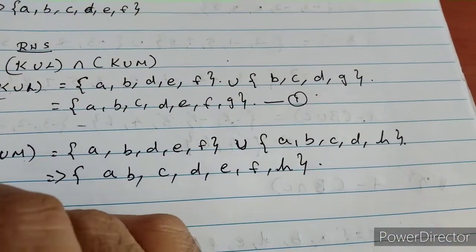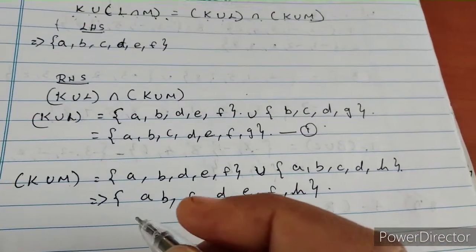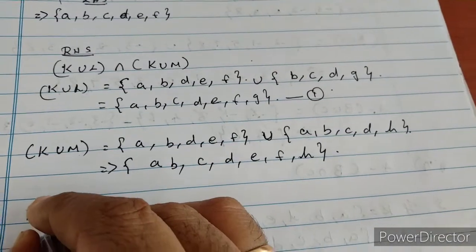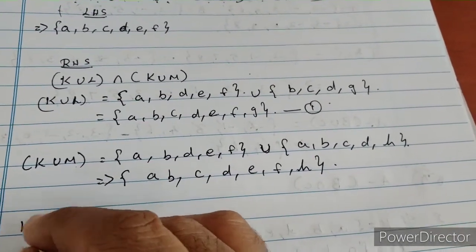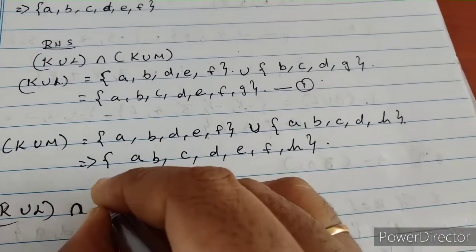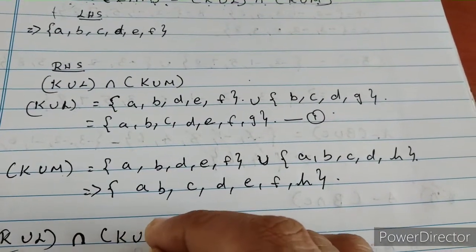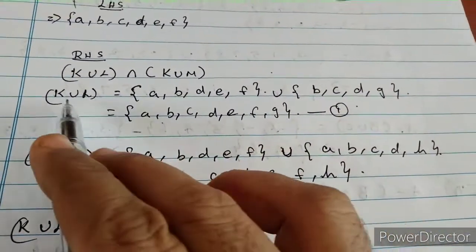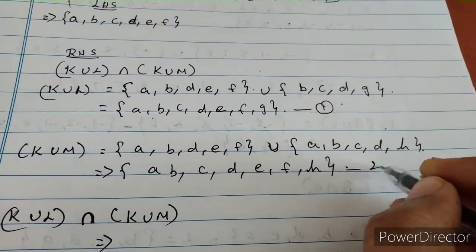Now the next one is K union L intersection K union M. So write K union L, this is your second equation.